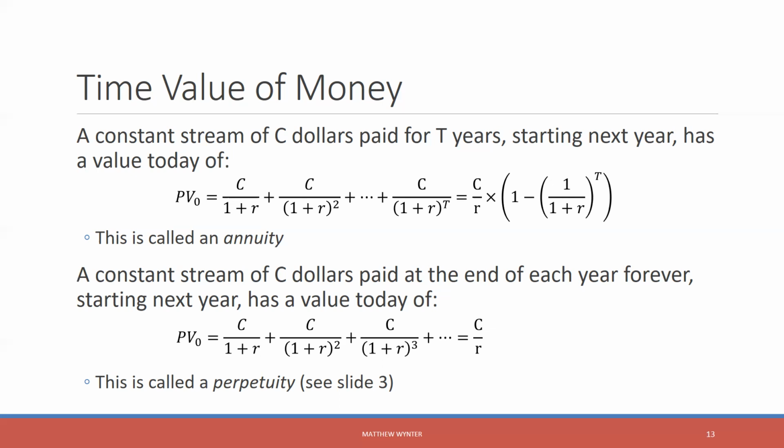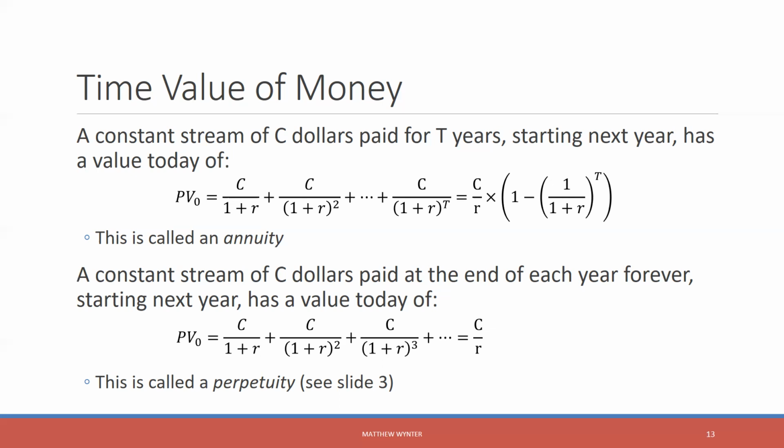So when we look into the future, we're looking 1 year ahead. So this is calculating today at time 0 the present value of a stream of cash flows for the next 5 years, 20 years, 30 years that have the same value, the same discount rate, but they start next year or next period. That's an annuity.